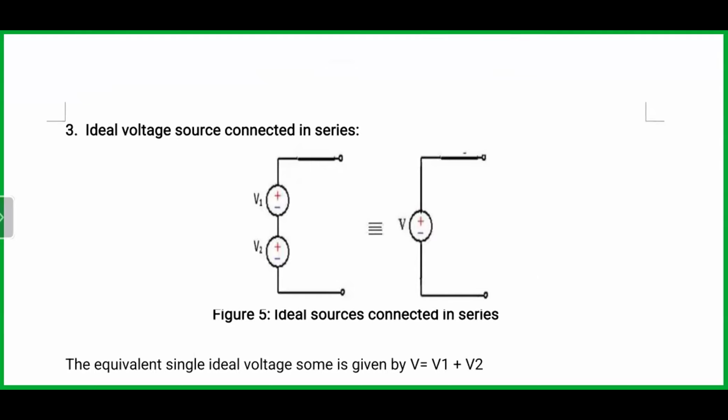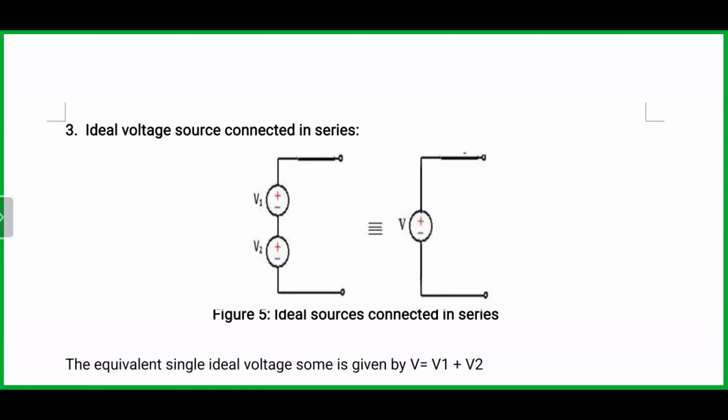So ideal voltage sources connected in series. Look at that. So when you see V1 plus V2, of course, they sum up. So we get an equivalent voltage source with this. What this should tell us is that if you want to increase voltage, it becomes V1 plus V1, which will give you the terminal voltage.